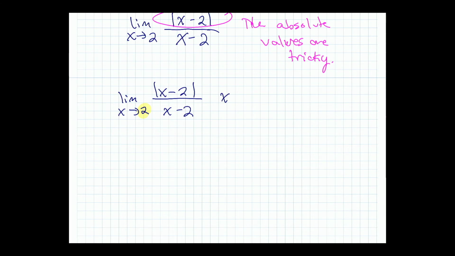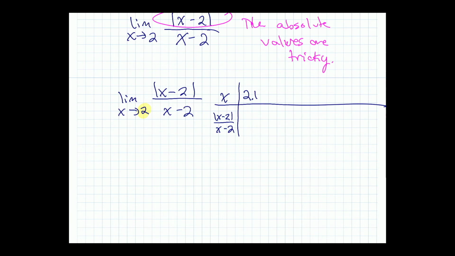So I'll say x, and the expression absolute value of x minus 2 over x minus 2. We're not going to plug in a lot of values, but we'll plug in a few. So let's plug in a few values to the right of 2. Values to the right of 2 are like 2.1.